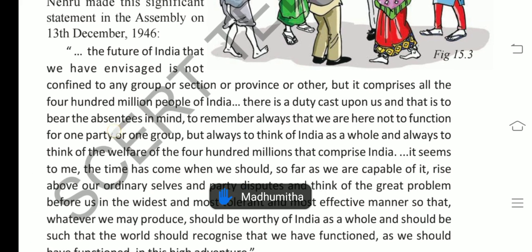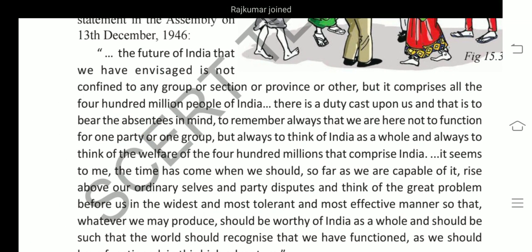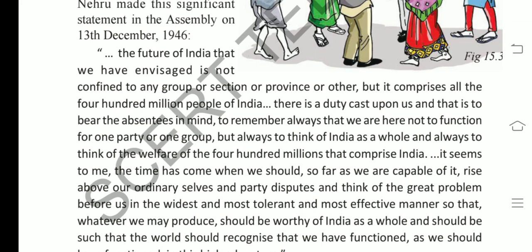Nehru stated that the future of India that we have envisaged is not confined to any group. That means the Constituent Assembly preparing the constitution needs to represent all the people. It should not be confined to any group. The Constituent Assembly should represent all the community people.